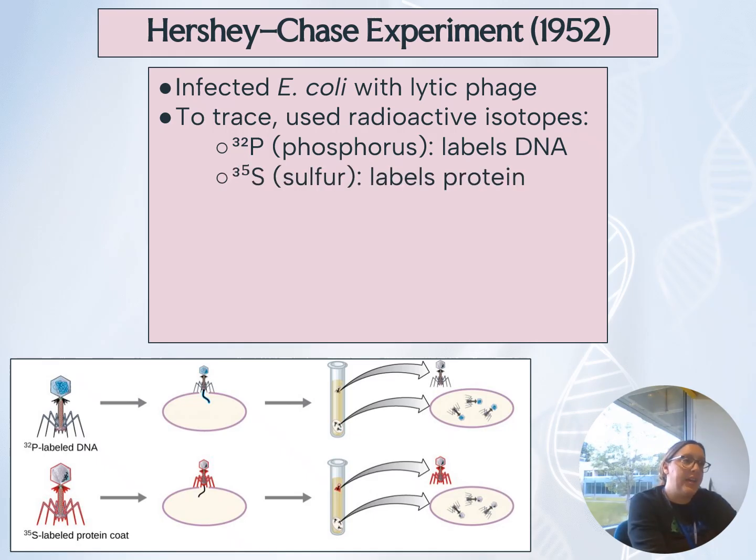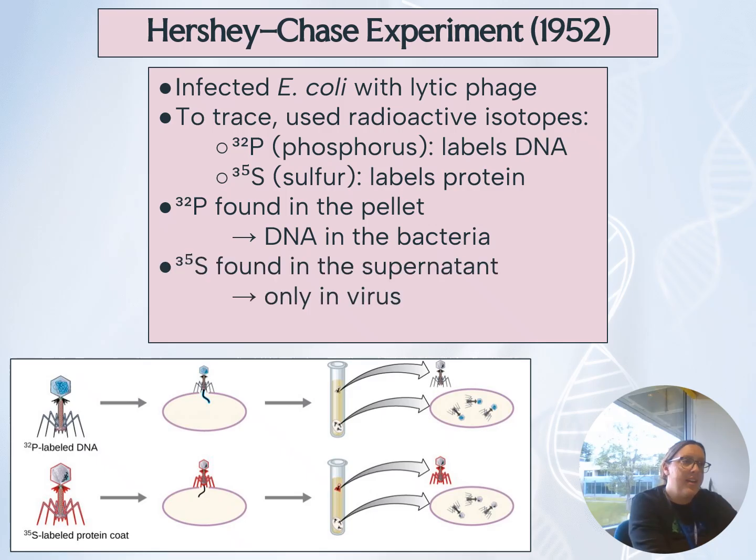The reason we use sulfur and phosphorus is because if you remember from biology, phosphorus is found in DNA, sulfur is found in proteins. And then when we took these bacteriophages, I'll use my pointer here.